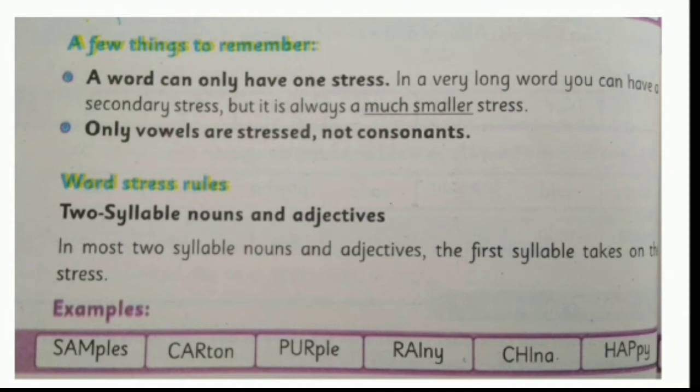Let's consider a word that functions as a noun, if we consider its part of speech. If a noun has two syllables, and even an adjective has two syllables, in these cases we have to put stress on the first syllable.